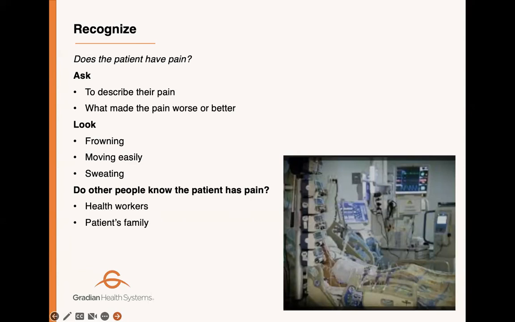Then we need to ask people who are around the patient if they are aware that the patient has pain, and if there is a family member who knows whether the patient has pain, because family members can also report whether their patient has pain or not, if they have this close relationship of communicating between them. Next.